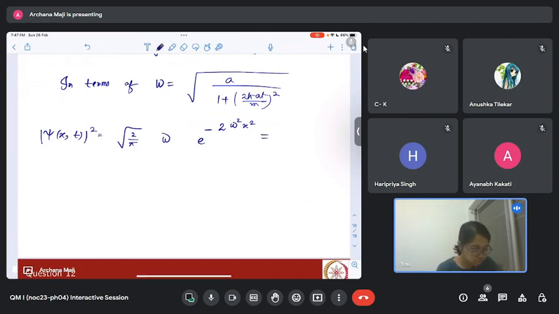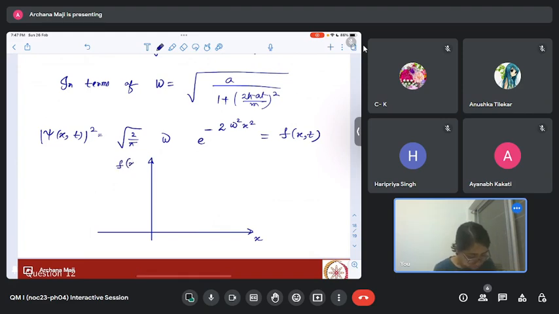Call it some function f of x comma t. We need to plot this function f versus x for different times. As you can see, it's a Gaussian. We need to see how this Gaussian will change as time changes.